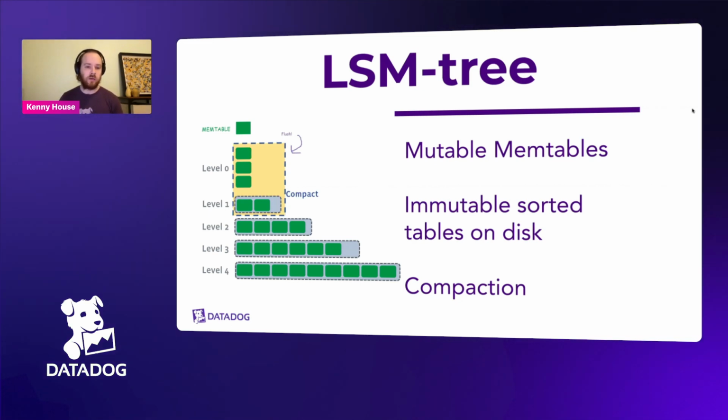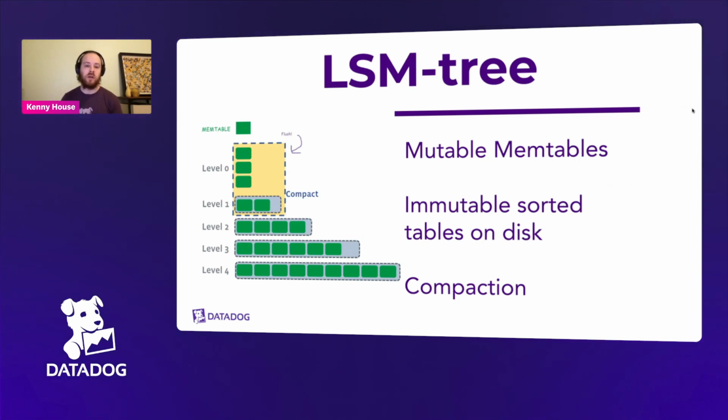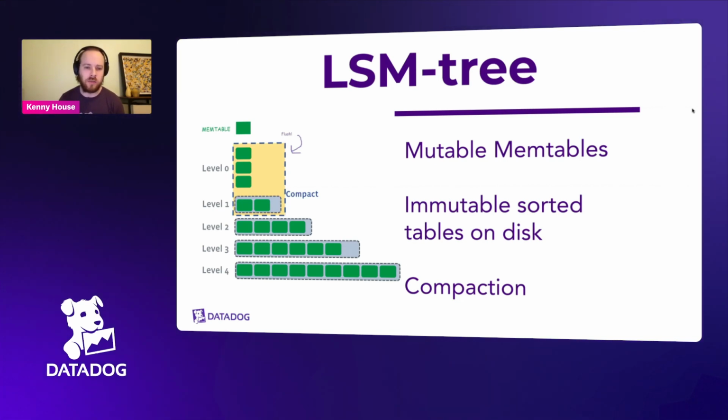So as your data grows and grows, as more data is written, RocksDB has a background process called compaction that's going to merge together many of those on-disk table files, combine them, and then write them to what's referred to as the next layer in the LSM tree. So LSM stands for log structured merge.